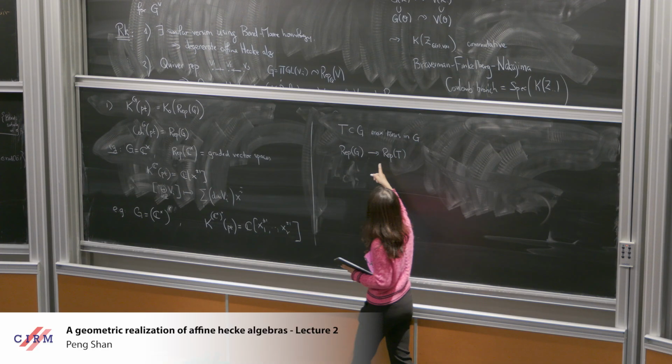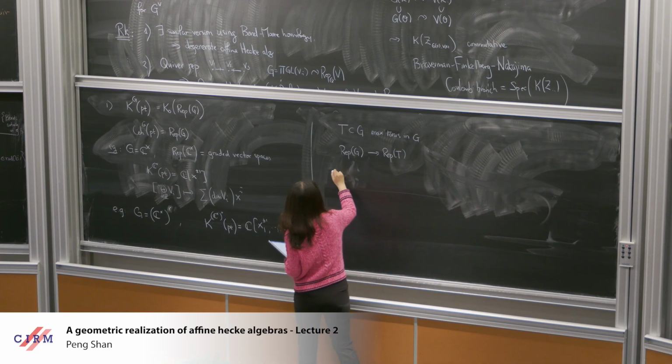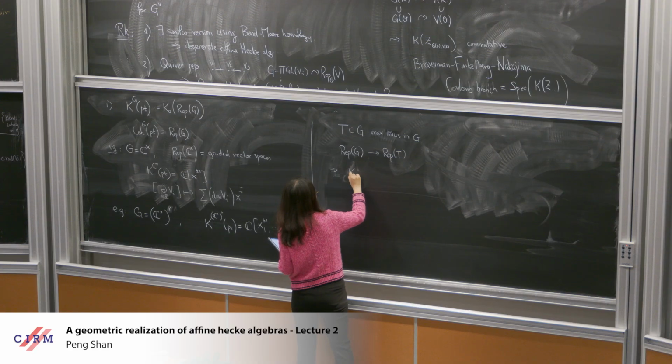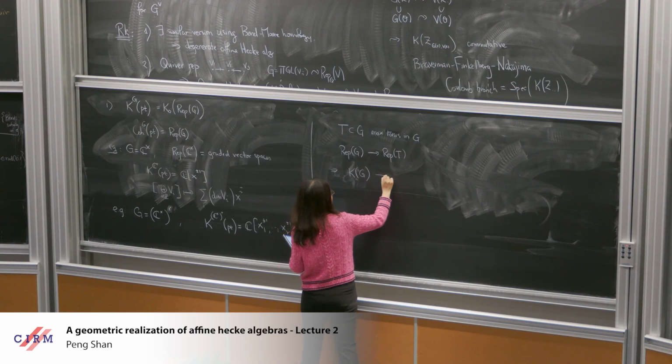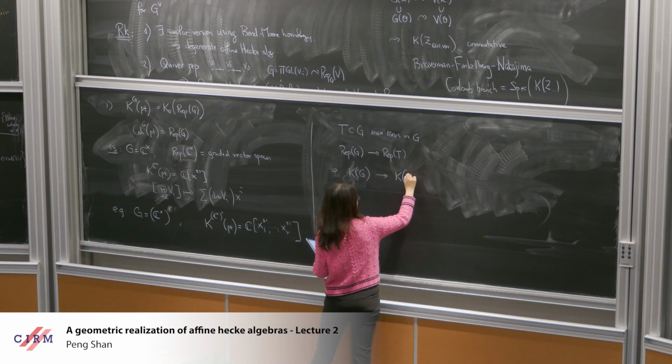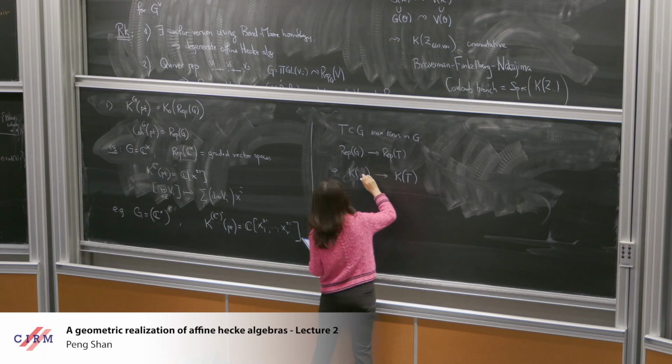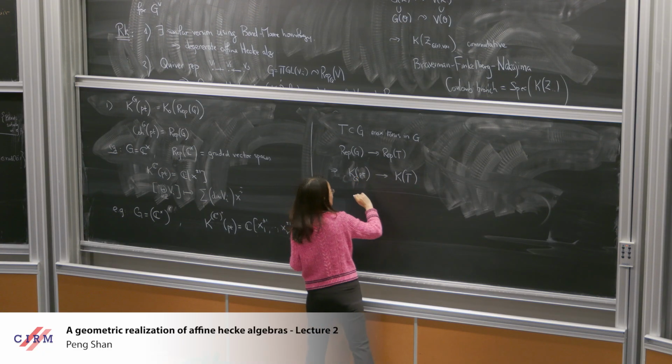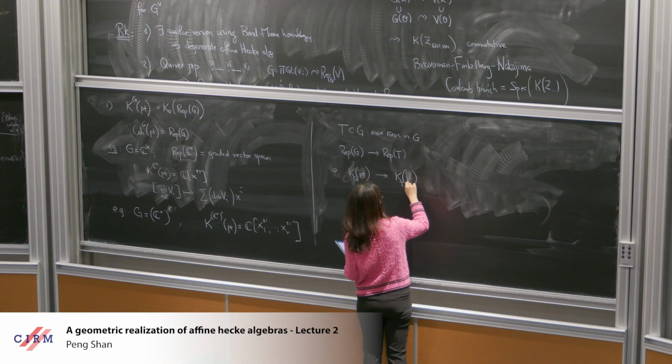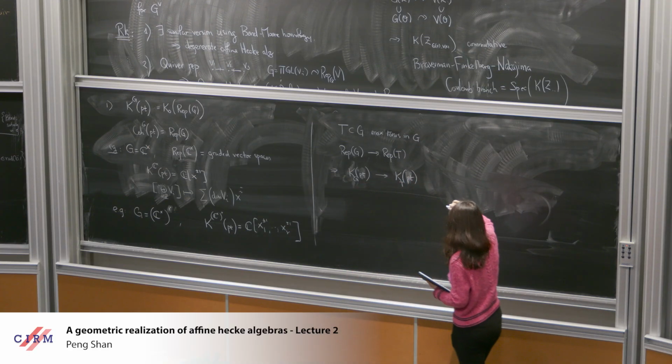So through this forgetful map, you have a map from K_G of a point to K_T of a point.